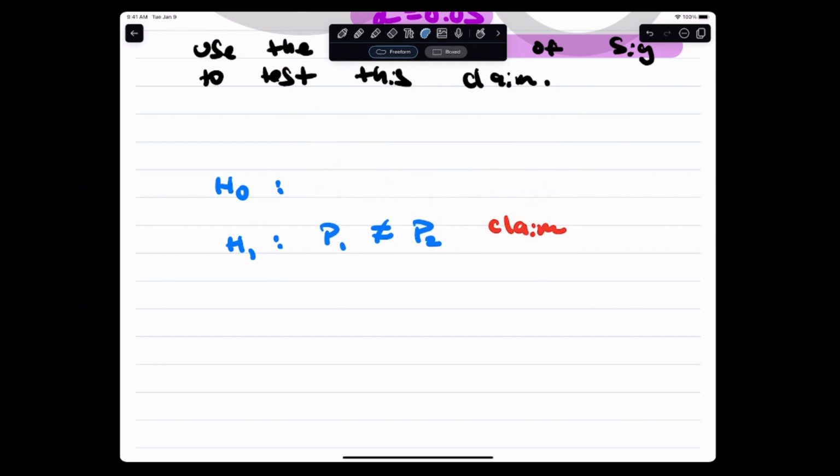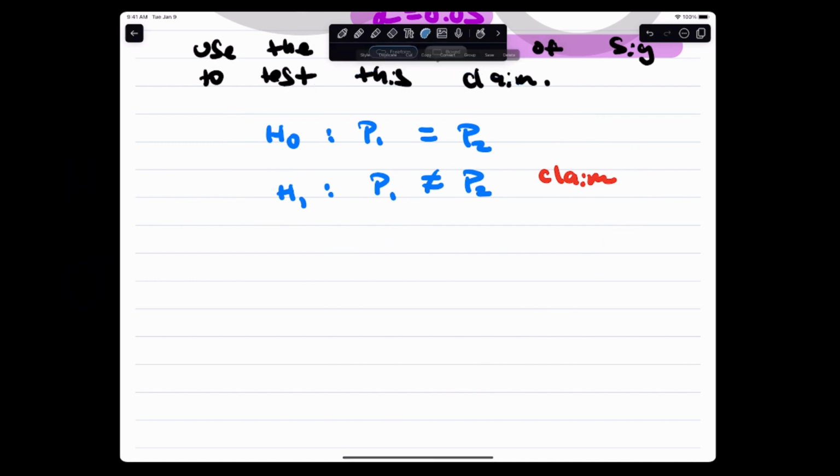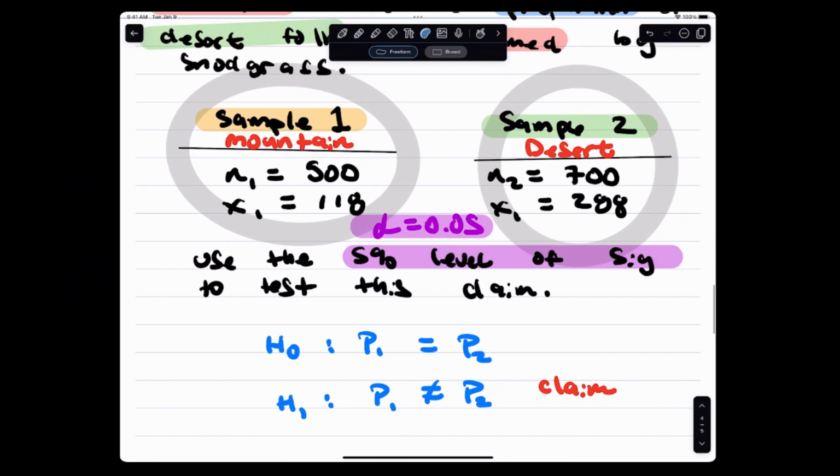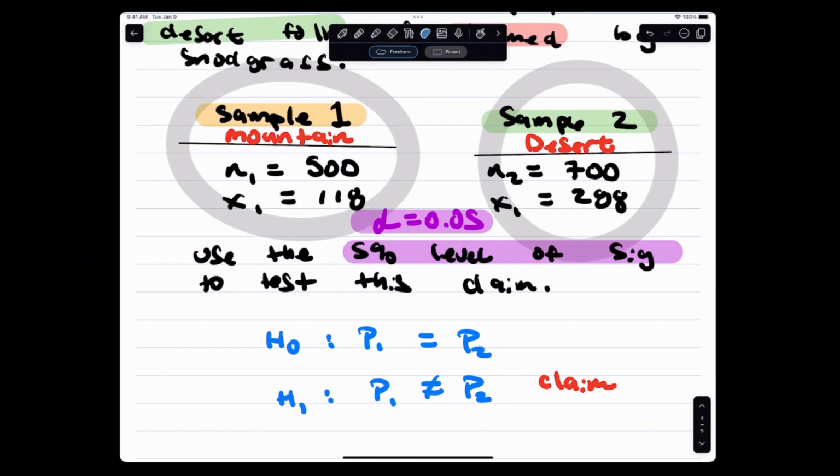Yeah, it does not have equality. Good job. That's where it goes. On top, you've got P1 equals P2. Okay, you guys okay with that? Easy peasy, lemon squeezy? So far, so good? I think so.